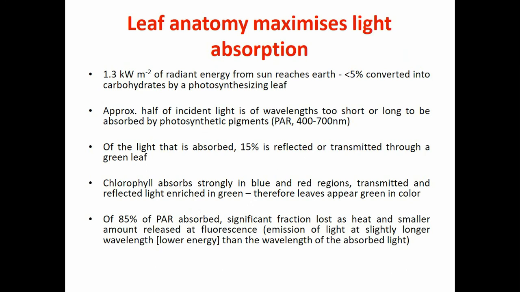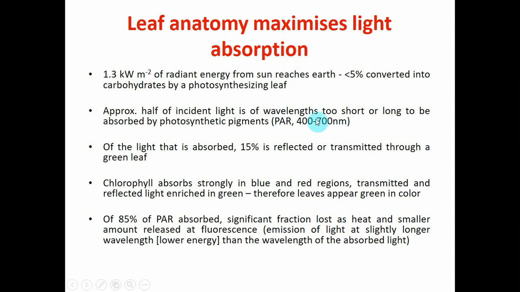Okay, so remember, the leaf anatomy maximizes light absorption. Remember what we said, not all the energy that comes from the sun that reaches the earth is used in photosynthesis. In fact, less than 5% is used in photosynthesis. Remember that we've got specific wavelengths that get absorbed, photosynthetically active radiation, which is between 400 and 700.